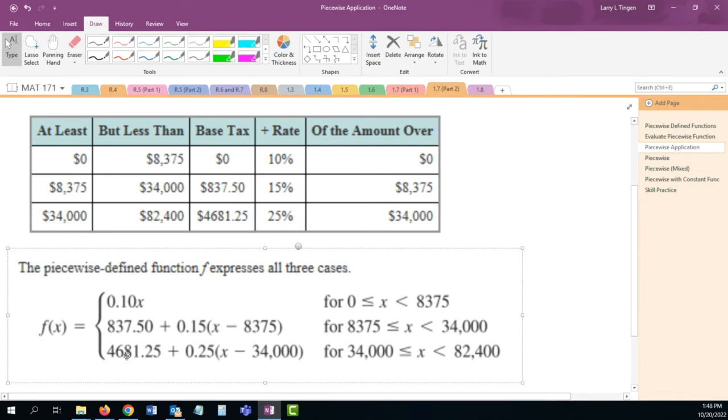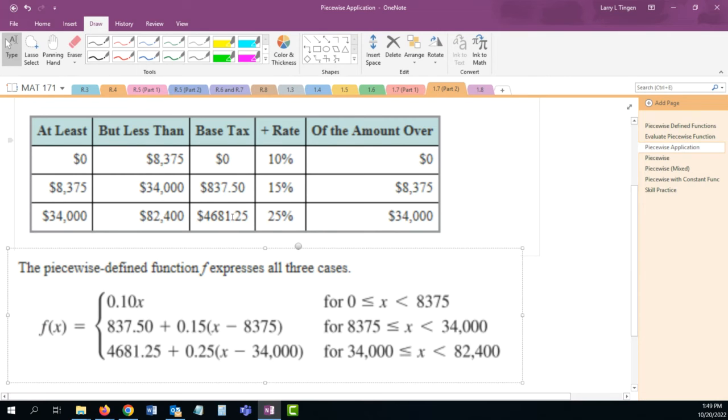But then your base tax is going to be $4,681.25. What's this? This is the sum of all of the taxes you already paid. This is the $837.50 that you pay for the first one, and 15% of the difference of 34,000 minus 8,375.